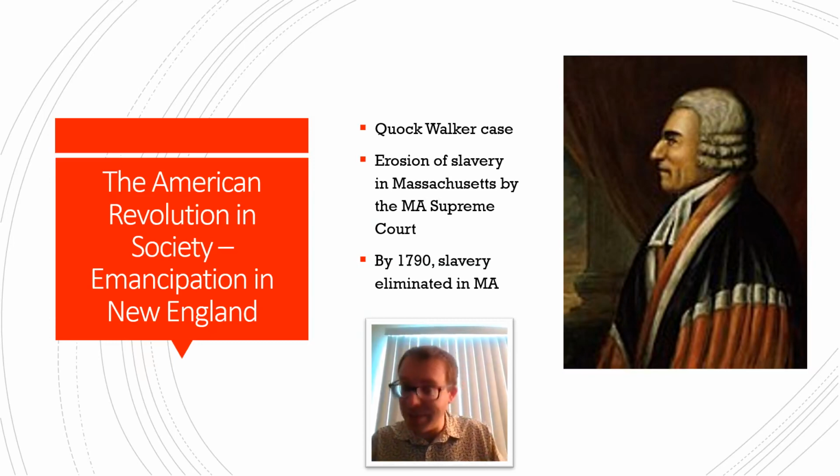And the thing is, in Massachusetts, a judge rules on his behalf and says, yes, you should. In this new nation, slavery should not be allowed in the state of Massachusetts. And so this actually leads to Quock Walker's freedom, and it leads to the erosion of slavery as an institution in Massachusetts by the Massachusetts Supreme Court, and by many other people like Quock Walker bringing suits to judges and saying, I am subjected to physical abuse, and that is unlawful, and therefore I should be free.